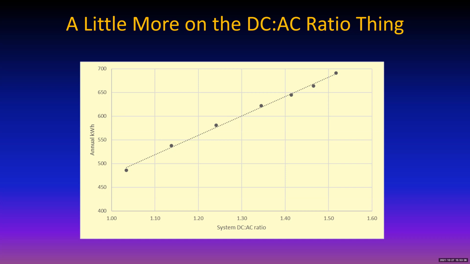And what we want to see is presumably the annual kilowatt hour output will be linearly dependent on the amount of DC power. And yet one wonders, how can that possibly happen when the DC power is so much more than the AC power? Well, the answer is the DC power may be the rated power, but the actual DC power, like at 3 in the afternoon when the sun is only shining down at 600 watts per square meter, it's not going to be anywhere near the rated power.